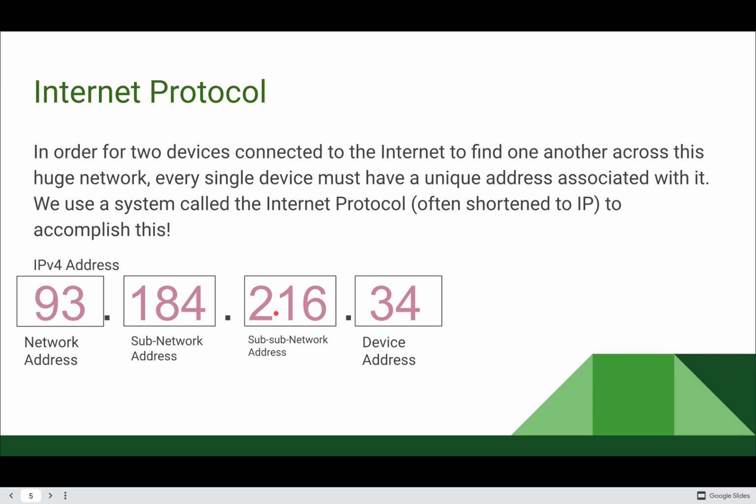If we look at our different pieces, we've got the leftmost one is our network address. Next, we have the subnetwork address, the sub-subnetwork address, and then finally the actual device address. So here we're moving left to right from more general to more specific. We're honing in more and more specifically on where this device can be found across the entire internet.